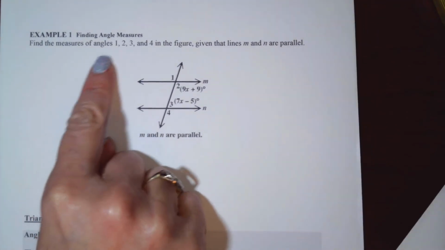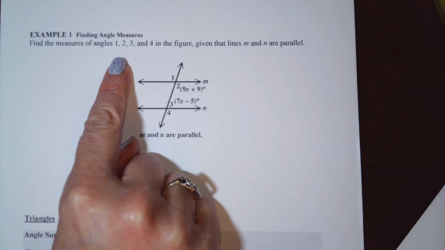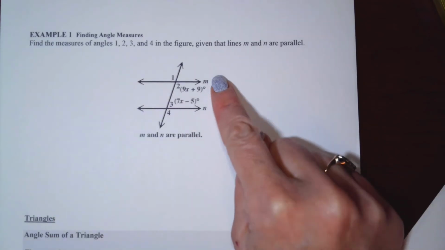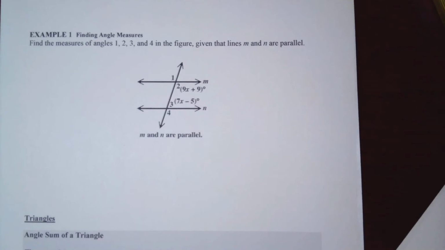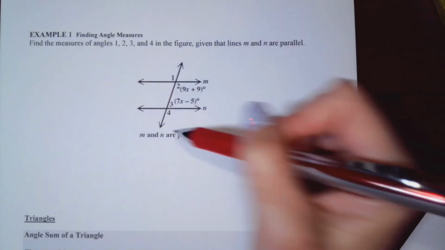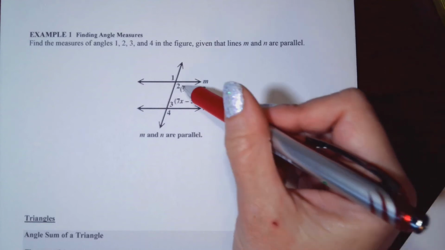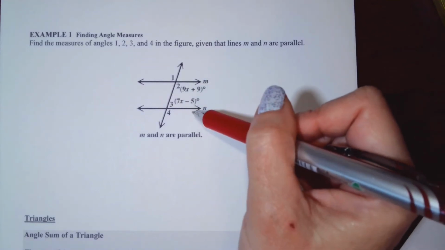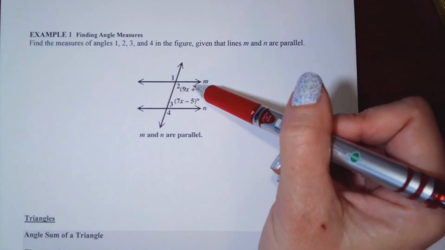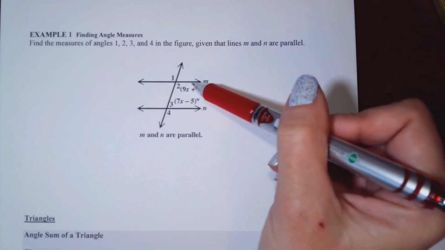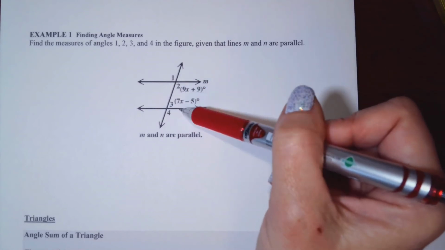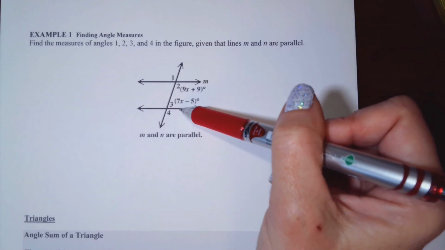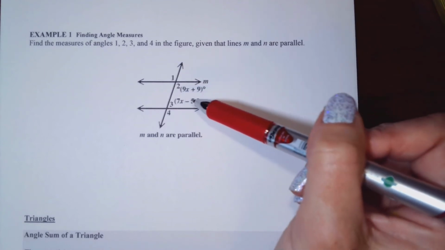We want to find the measures of these 4 angles, 1, 2, 3, 4, in the figure, given that M and N are parallel, and we've got a transversal cutting through here. Angles 2 and 3 are inside the parallel lines on the same side of the transversal, so they are interior angles on the same side.